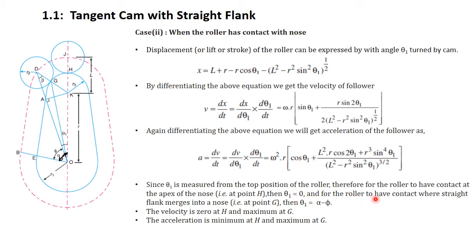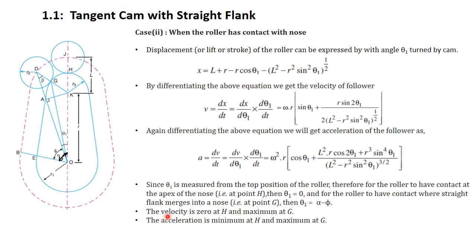And for the roller to have contact where the straight flank merges into the nose at point G, theta 1 is equal to alpha minus phi, where alpha is the semi-angle of ascent and phi is the angle turned during the motion of the follower on the surface of the flank. So theta 1 is always the difference of alpha and phi. So it cannot be greater than alpha.